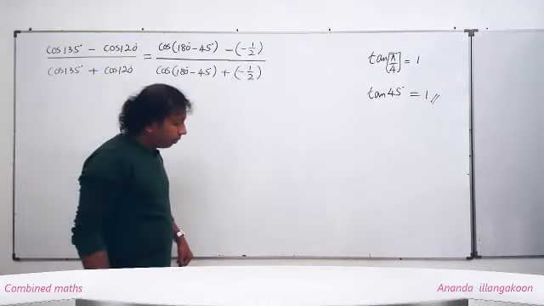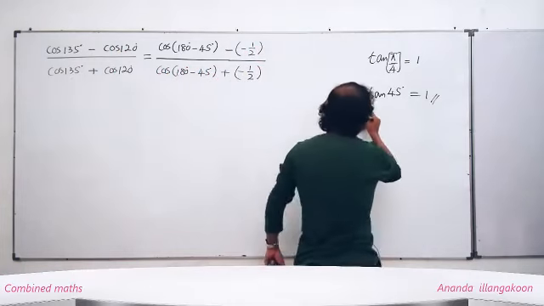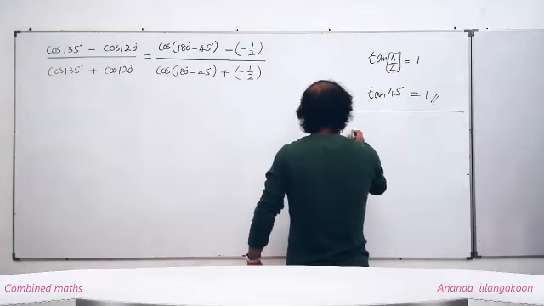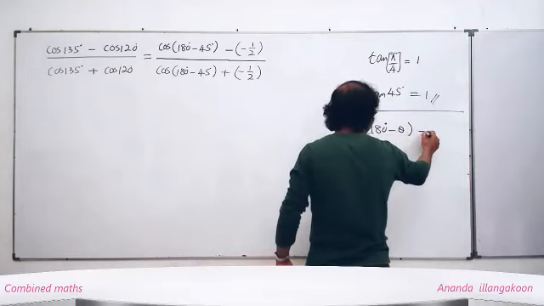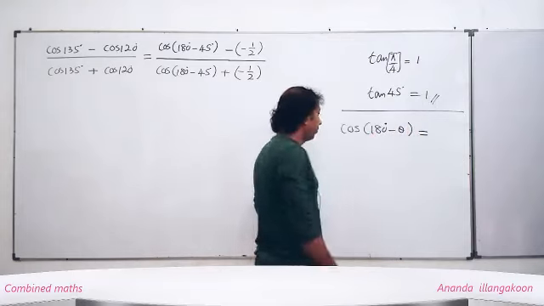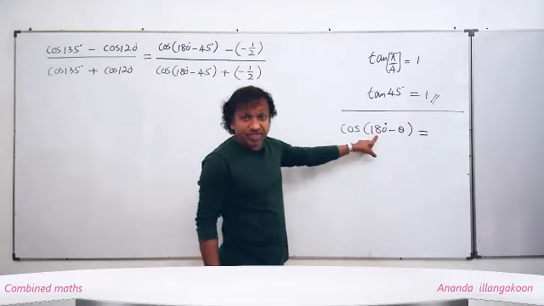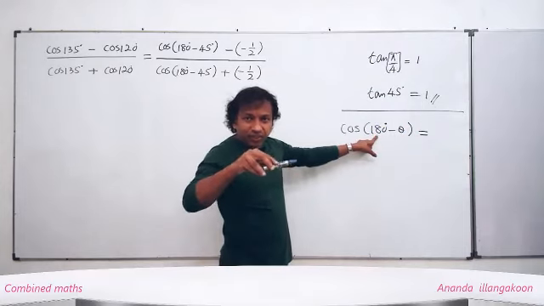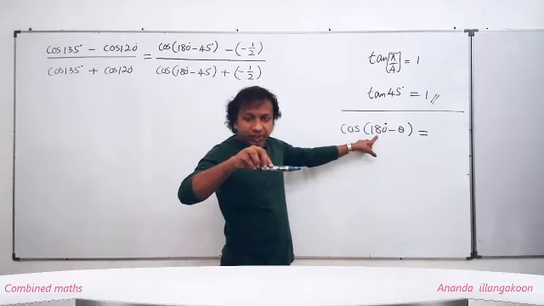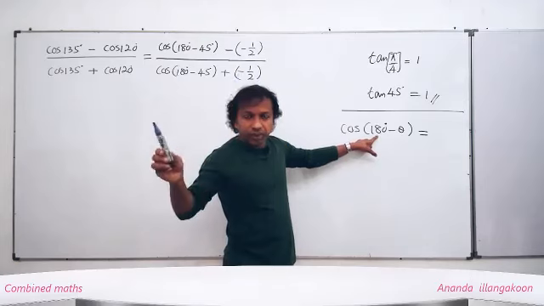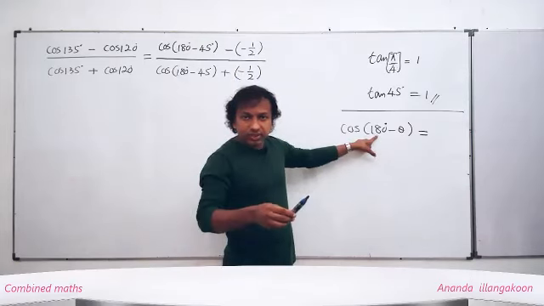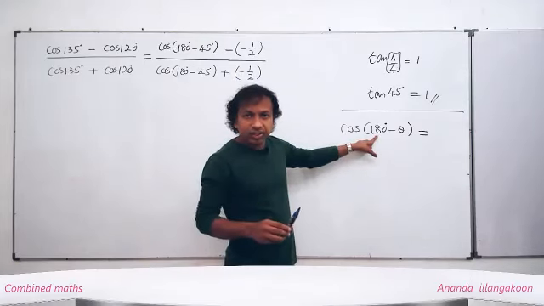You know, people, here we learned cos 180 minus theta. First, the angle is on the x-axis. You know, the plane of quadrants, the x-axis, the horizontal axis, 0, 180, 360. 180 is on the x-axis.